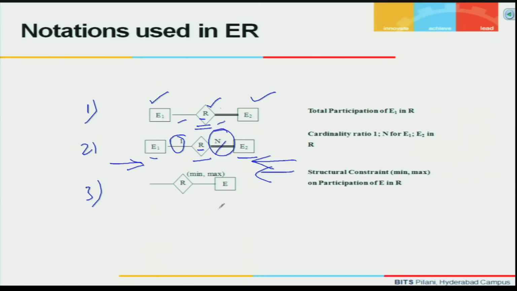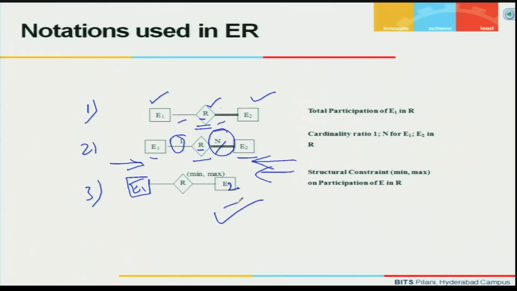Then we have another constraint that can be specified in ER modeling. These are all constraints that can be captured using ER modeling while doing conceptual database design. Then we have structural constraints, min-max participation. Suppose I have an entity E1 and another E2.